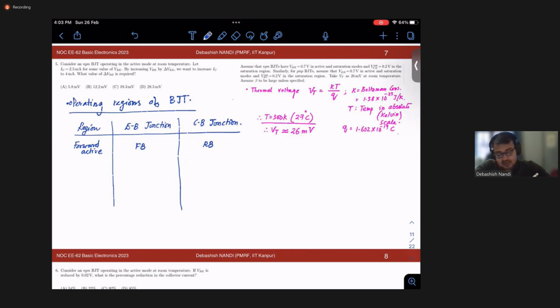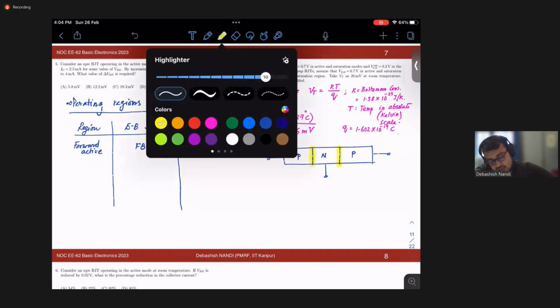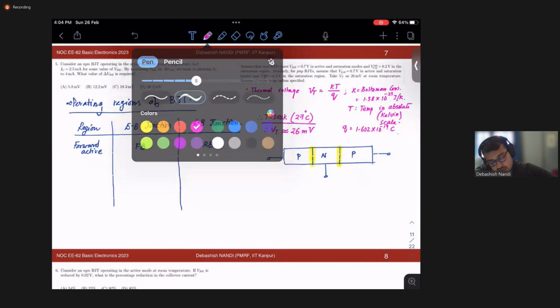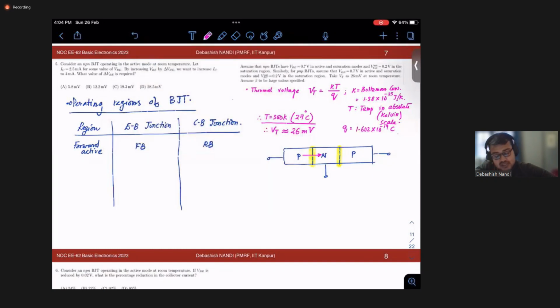It is a PN junction. Let's say it is a PNP. So there are basically two junctions, right? These junctions and these junctions. You need the majority carrier to go from this direction to this direction, for which you need to put a positive voltage here, right?